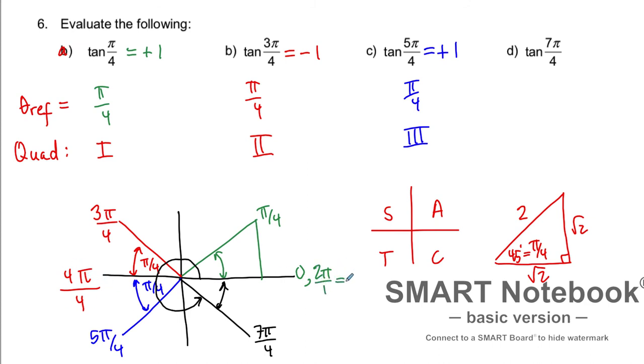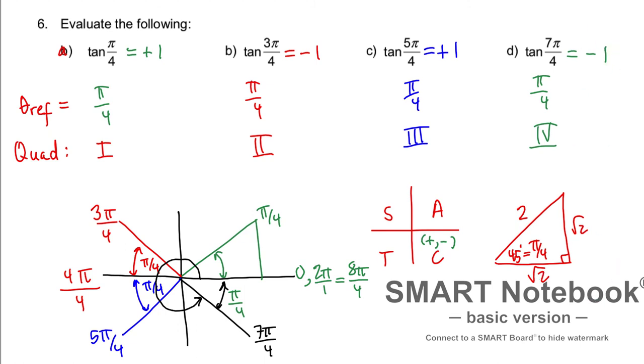So 2 pi over 1 is the same as 8 pi over 4. When we subtract these two angles, we get our same reference angle of pi by 4. And so tangent of pi by 4 in quadrant number 4 is either going to be positive or negative 1. In quadrant 4, x is positive but y is negative, so y divided by x will be negative overall, and the amount will be root 2 over root 2, which is 1.